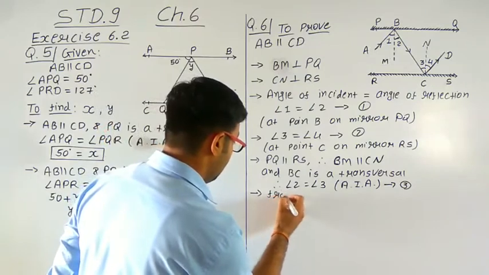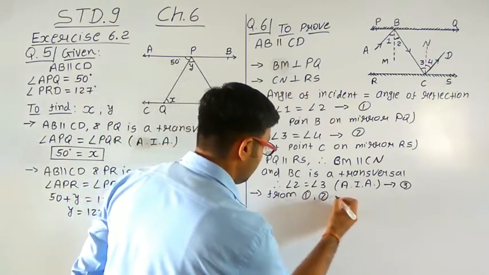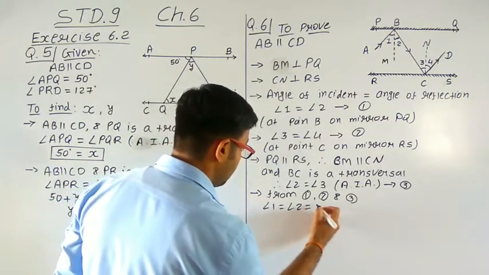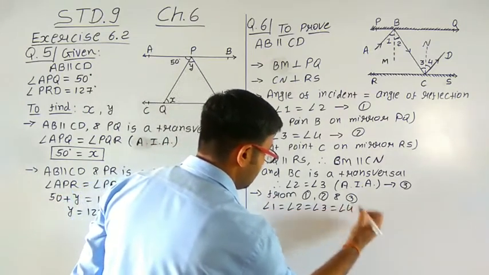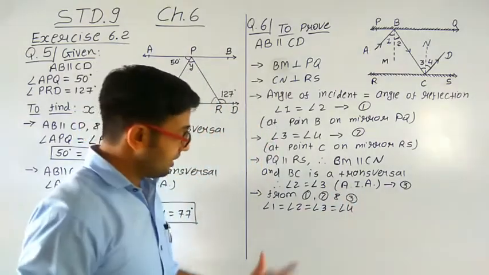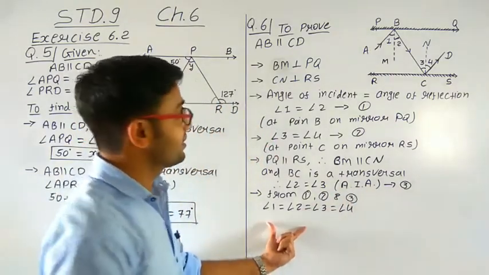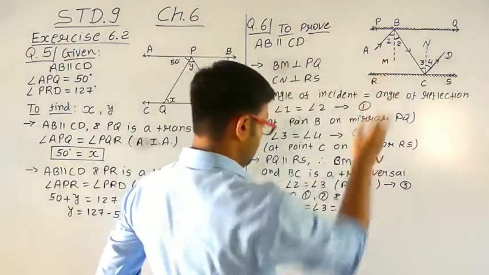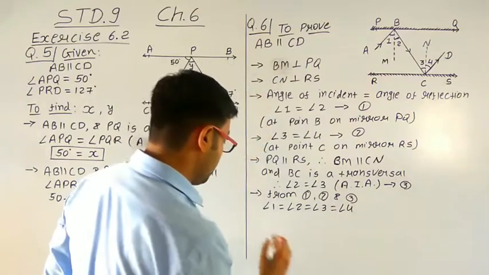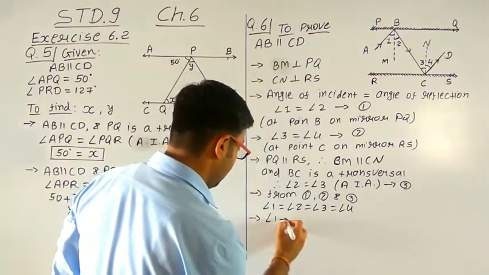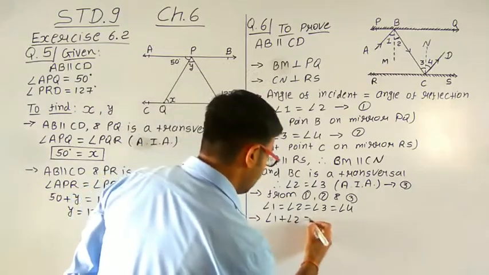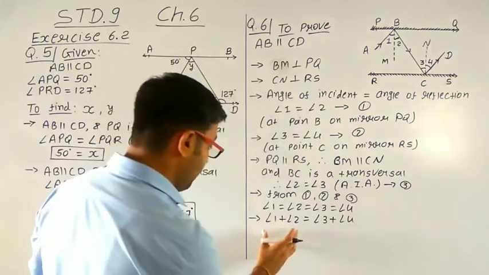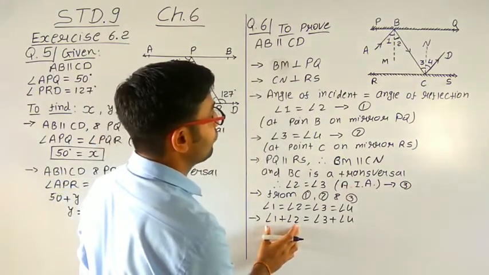Now we take only two angles at a time: angle 1 plus angle 2 is equal to angle 3 plus angle 4.